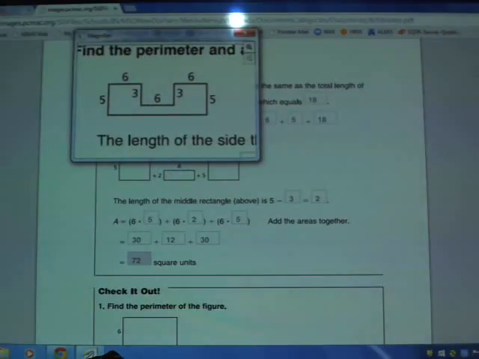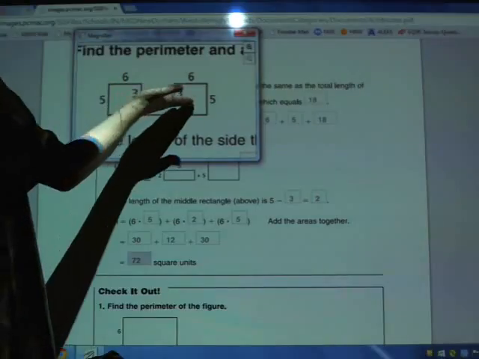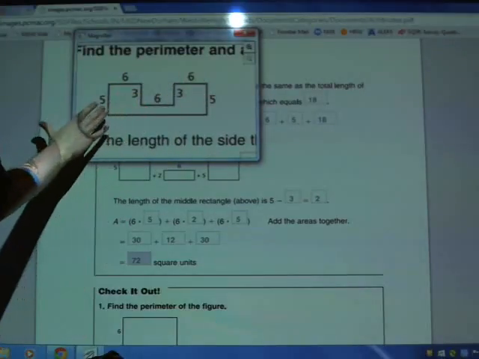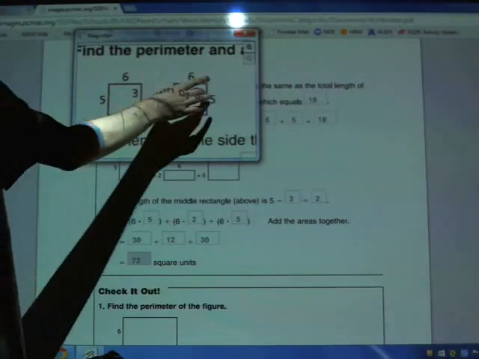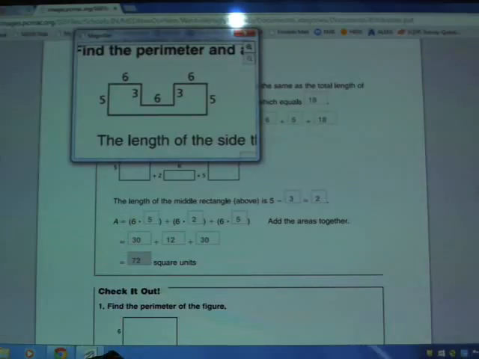They're going to find the area of each of those rectangles and combine them, and that would be the area of the composite figure. Of course, there are other ways you could chop this up. You could put a line here and one here, and then you'd have this long, skinny rectangle, and then these two. That would also work. The area is going to be the same either way.